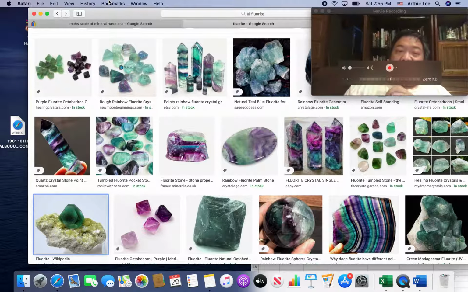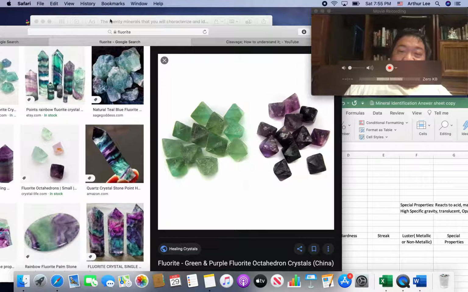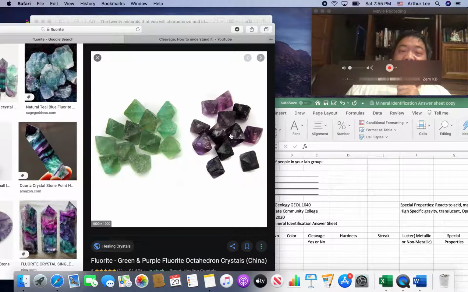So like this mineral here, fluoride, you can see that both of these are fluoride, but one's purple and one's green. How am I going to tell if the mineral is fluoride? Well, I'll give you a few hints here, and that'll help you for your lab assignment.